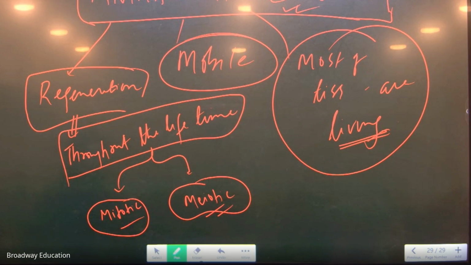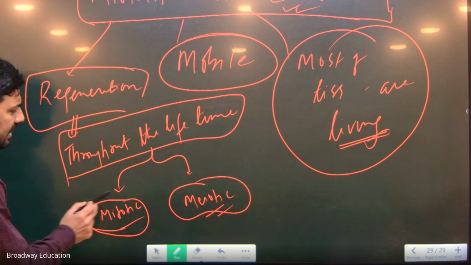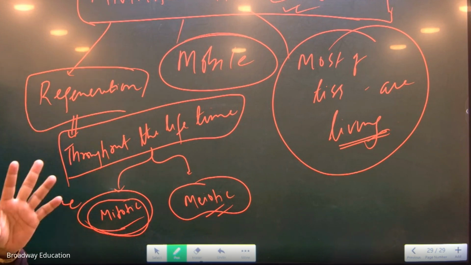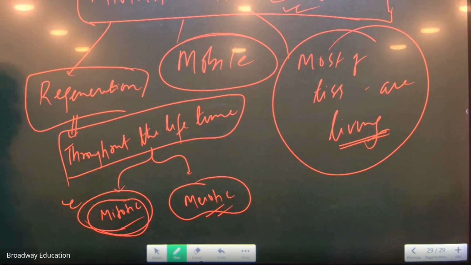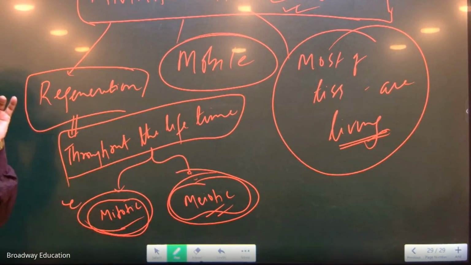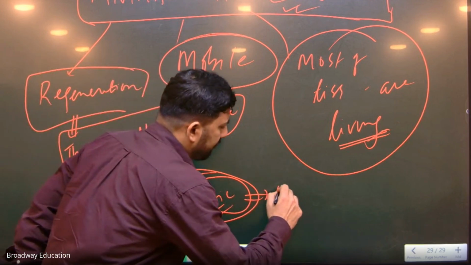Yes. So those types of divisions are regarded as mitotic ones. Unlimited, lifetime. Clear? Now, certain other divisions are also there, which are basically responsible for the development of offspring.